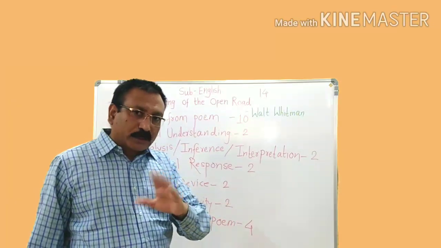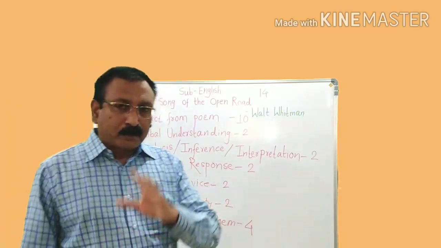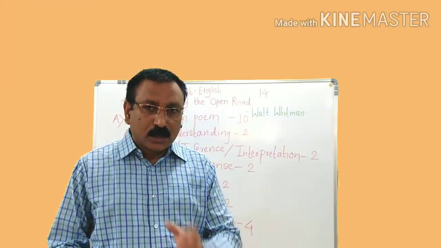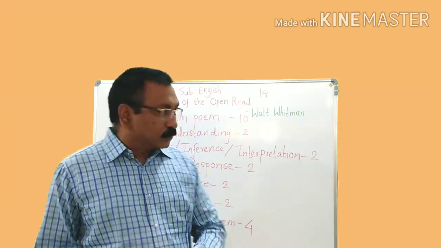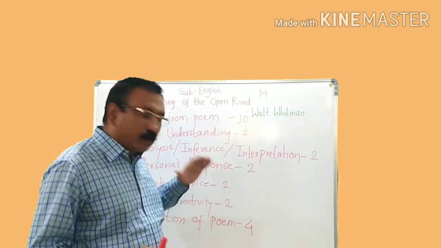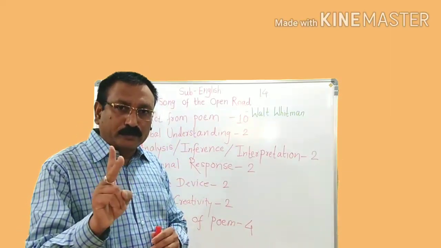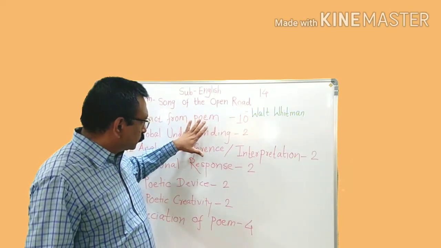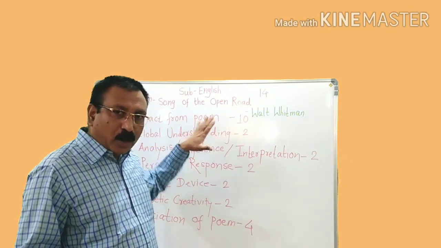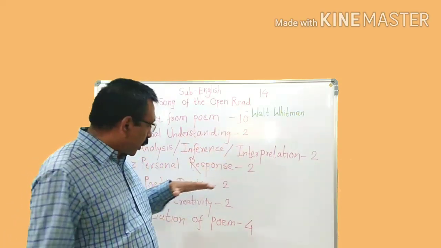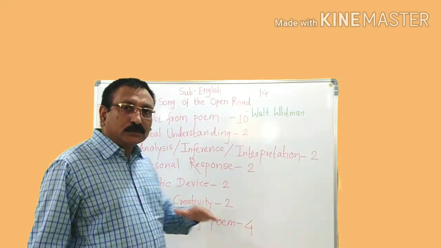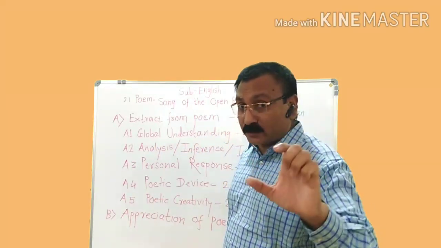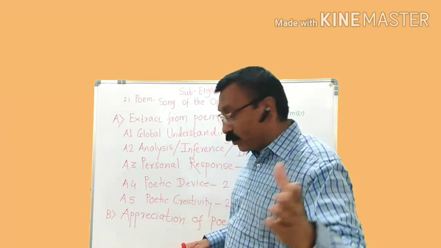Let me also clarify one thing to you. As we have 8 poems in our syllabus, these 2 questions will be set on 2 poems out of the 8 poems. In the first question you will have 1 poem, and in the second sub question you will have one more extract from another poem.